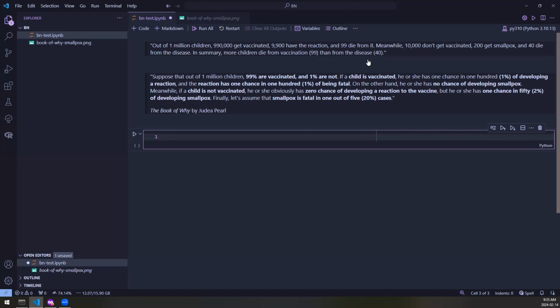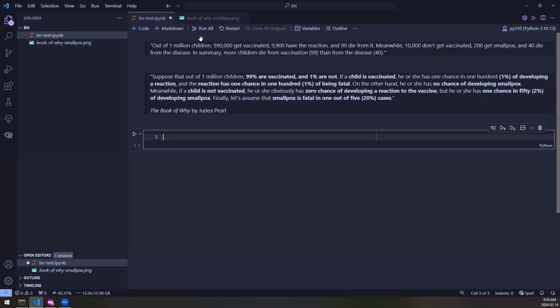So this raises concern about whether vaccination is effective or harmful. The idea here is not to debate vaccination, but rather to show how we can implement this using a Bayesian network and extract some information to see what happens in reality.